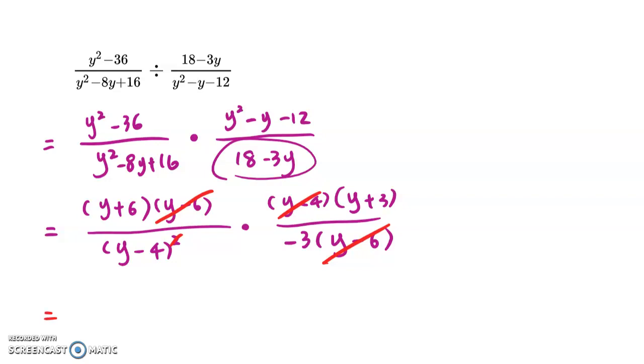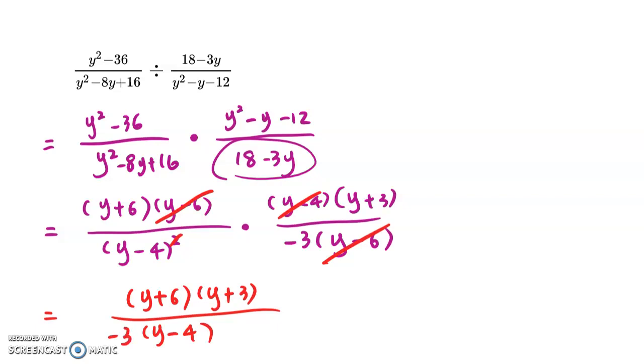So now, what's left at the top is y plus 6 and y plus 3. At the bottom, what's left is y minus 4 and this negative 3. I would like to write the negative 3 at the front.